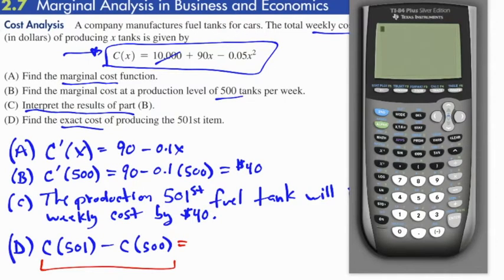So we're going to type in the cost function, 10,000 plus 90 times 501 minus 0.05 times 501 squared. Hit enter, and we get $42,539.95.